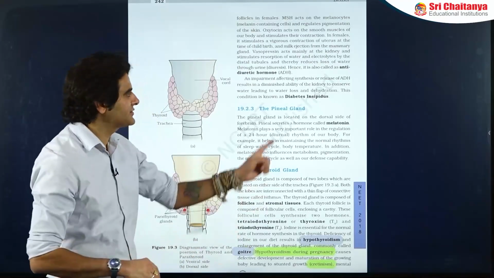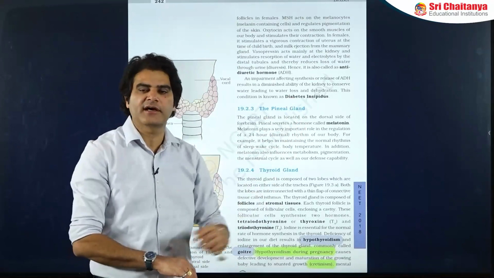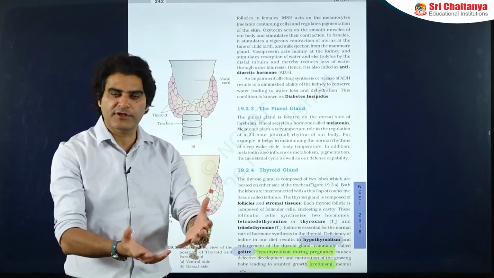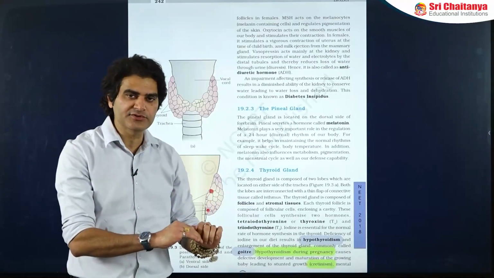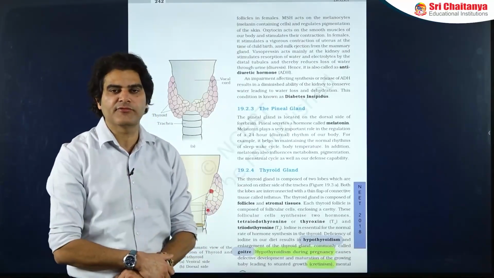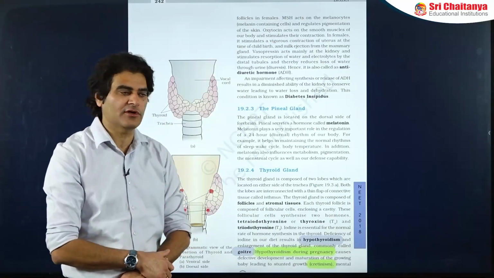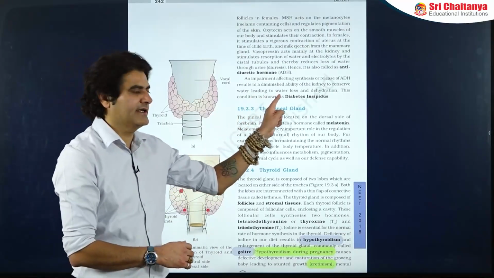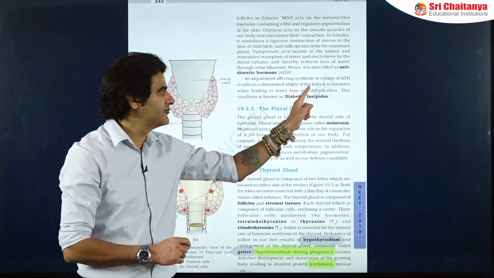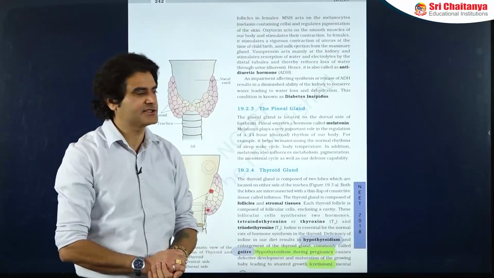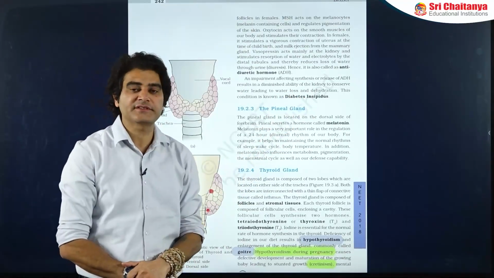So if there is deficiency of ADH, that is antidiuretic hormone or vasopressin, water reabsorption from DCT will reduce, the urinary elimination of water will increase. So that can be called polyuria, enhanced urine loss, or enhanced loss of water via urine, which will also cause dehydration. This disorder is diabetes insipidus.